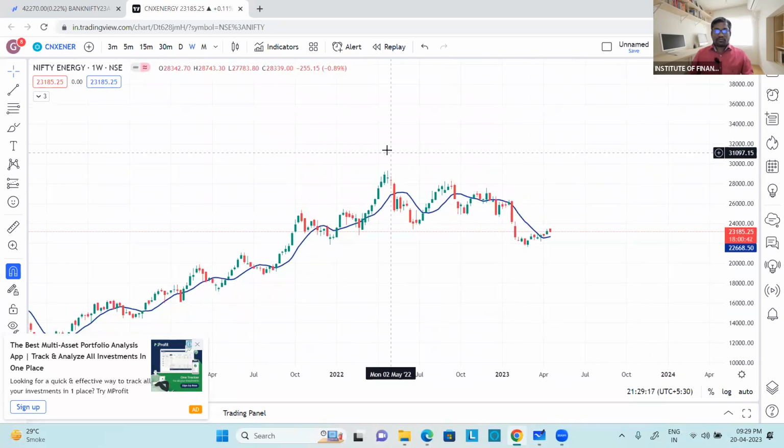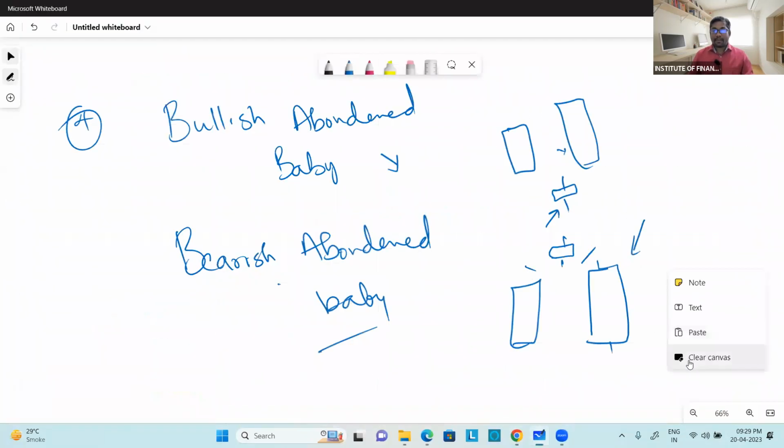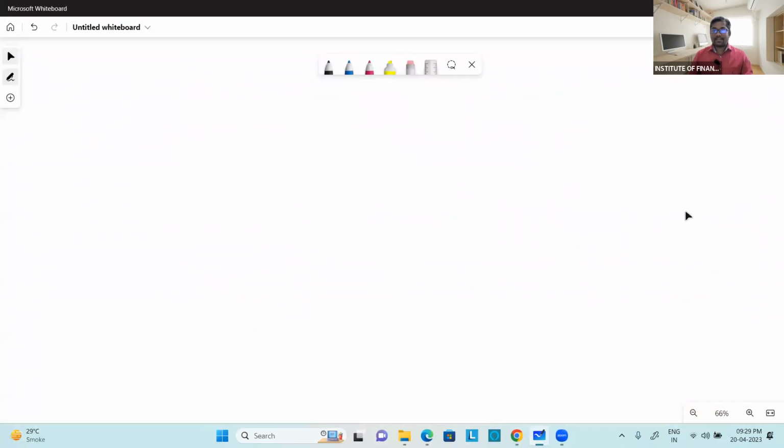Now let us talk about multi-confirmation. Okay. Let us talk about multi-confirmations. I hope all the three candlestick patterns are clear. There is no doubt. I have taken a lot of time to explain that. Multi-confirmation.